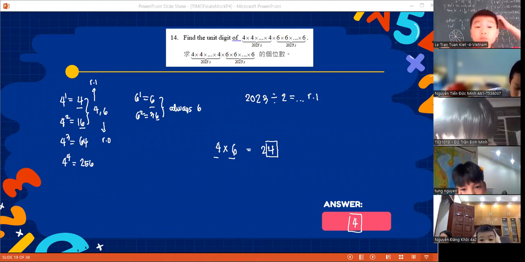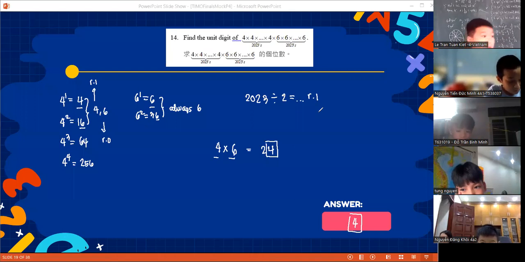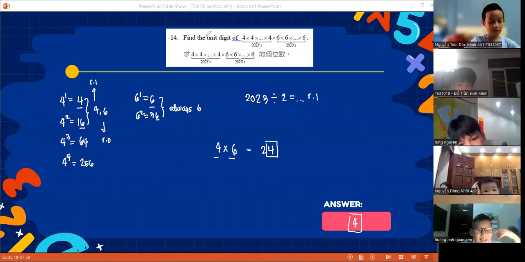Okay, so very easy, right? It's only 4. Again, the technique here: if you're looking for the unit digit, there's always a pattern for every number. If it's 4, then 4 to the 1 is just 4. 4 times 4 is 16.